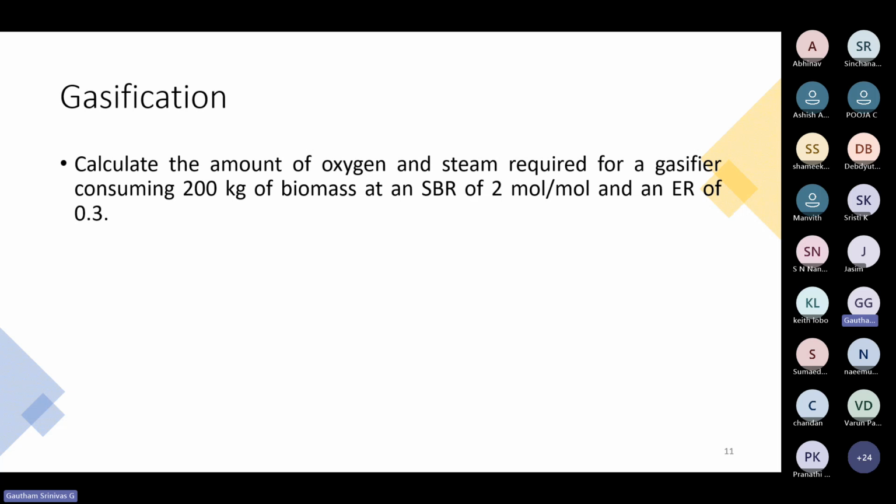So now you calculate it. The numerator is steam, the denominator is biomass. So steam to biomass ratio, remember that. Does no one have an answer yet? It's very simple. 36 by 23.